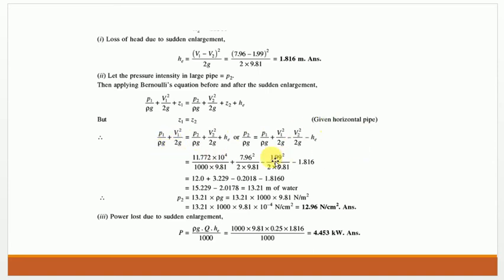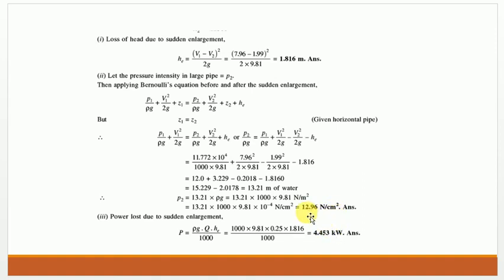So this becomes P1 by rho g plus V1 square by 2g equal to P2 by rho g plus V2 square by 2g plus head loss. We know all the values except P2, so we can substitute the values. So P2 by rho g will be equal to this equation. Simplifying, you can take this to the other side. Then P2 will be equal to 12.96 Newton per centimeter square.